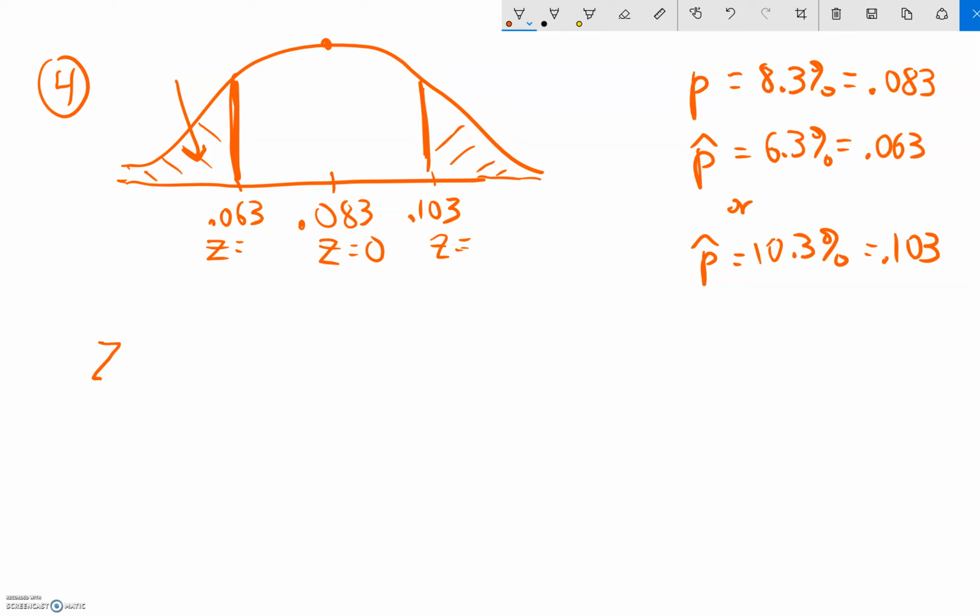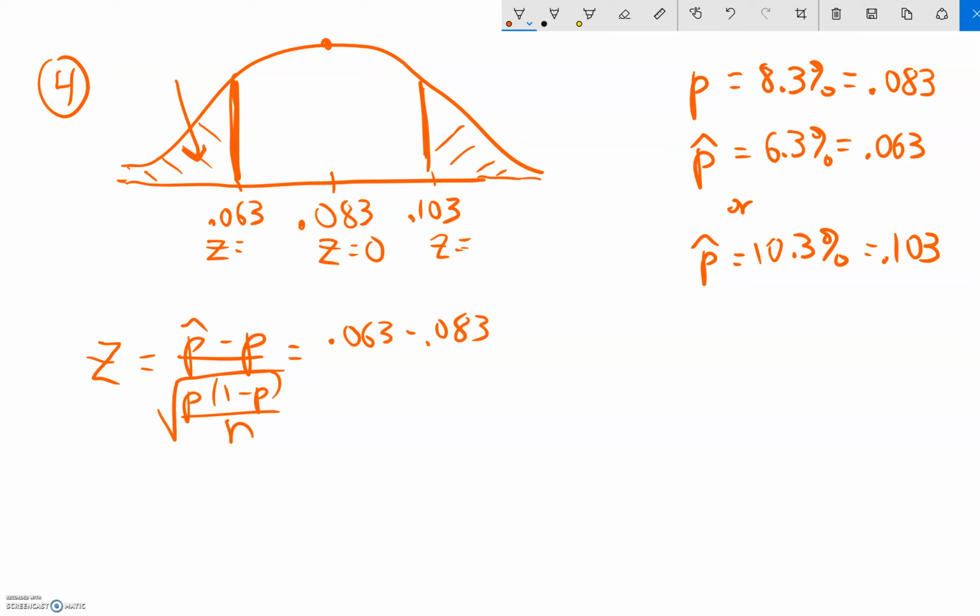All right, so our formula is p hat minus p divided by the square root of p times 1 minus p over n. If we substitute in our values, the n on this problem was 91.